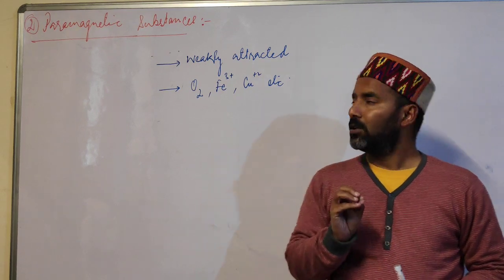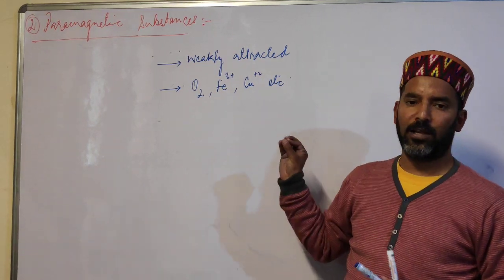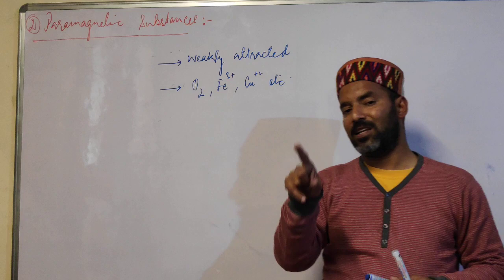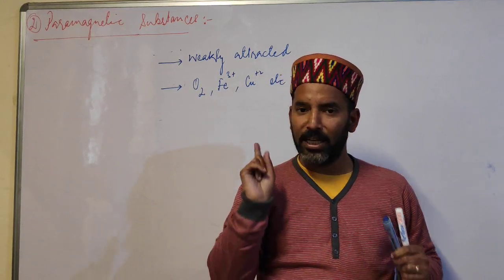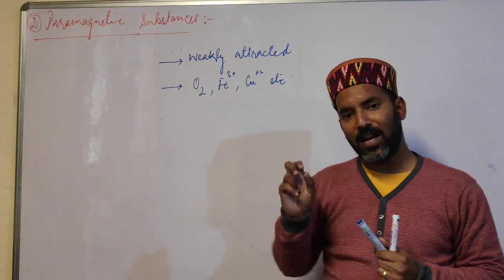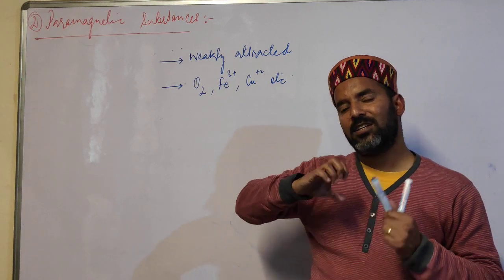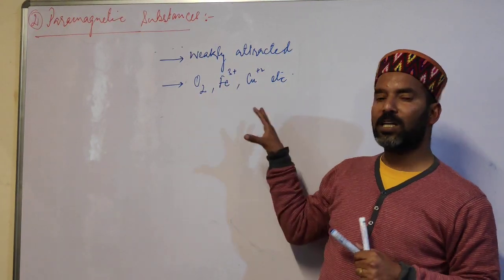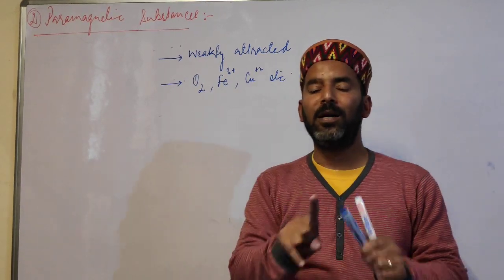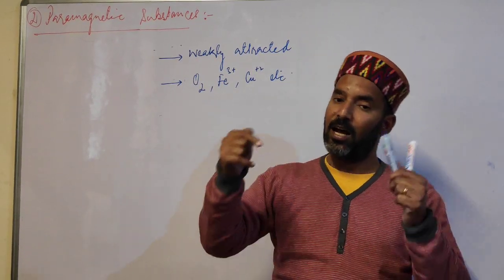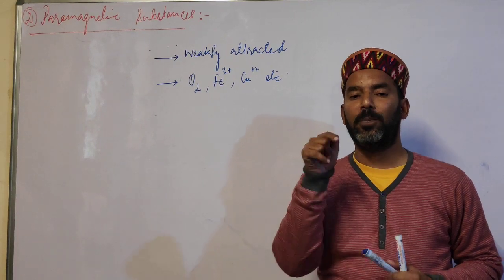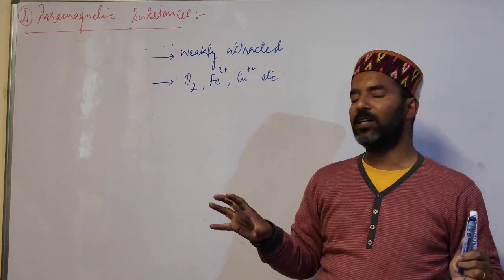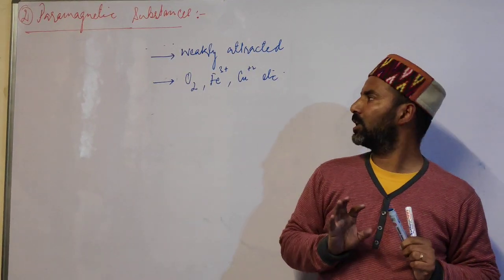But students, let me tell you that these substances get magnetized in the magnetic field, but when the magnetic field is removed, they lose their magnetism. So that means paramagnetic substances are not permanently magnetized. They are magnetized only in the presence of magnetic field but lose magnetism in the absence of magnetic field.